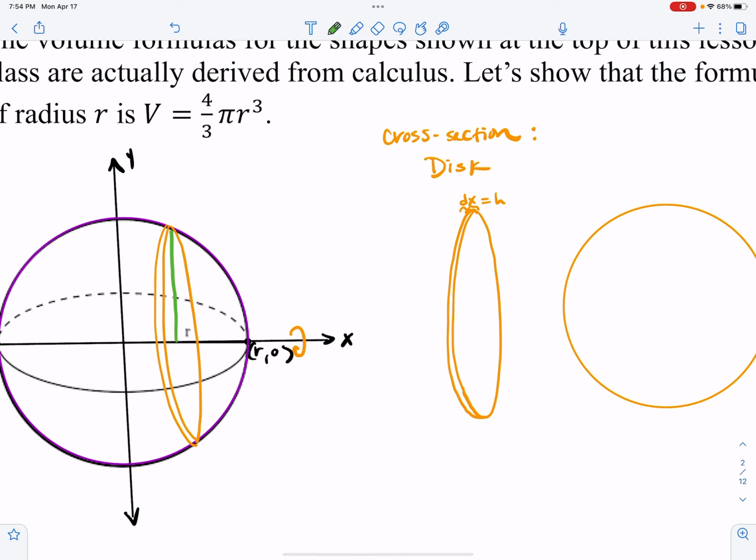The radius is going to be different depending on where we are taking the cross section in the sphere. This would be r of x, right? So the radius of our cross section is dependent on where we are slicing, on what x value we are taking the cross section.